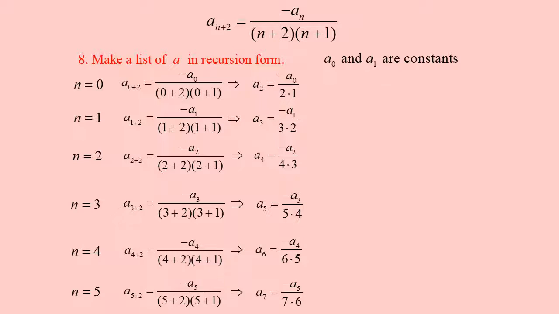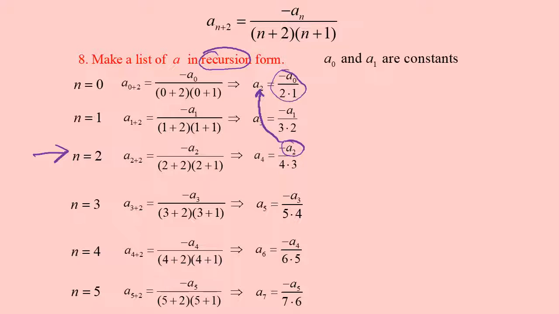Now, as I said originally, we want to come out with only an a sub 0 and an a sub 1, which is okay on the first two, but when you get down here to where n is a 2, notice that we come out here with an a sub 2. Well, this is where the term recursion comes in. If you look back up here, you notice that a sub 2 is equal to this.